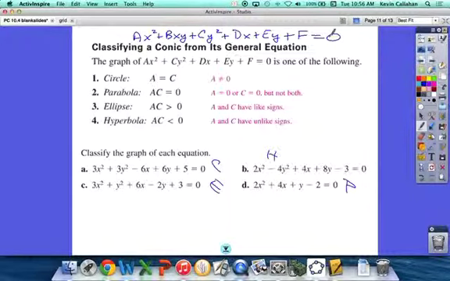Right? If you have an XY term, then it's not going to be horizontal or vertical. It's going to be tilted. Everything we've done up to now was straight horizontal or vertical. It was never at an angle. But if you have that term, then it's going to be tilted.